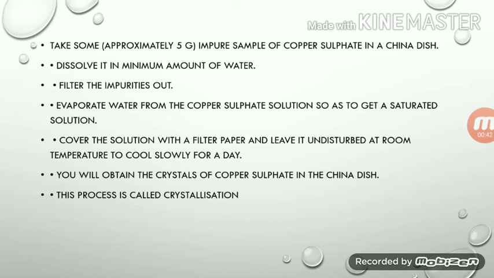Next, cover the solution with filter paper and leave it undisturbed at room temperature to cool slowly for a day. Then you will obtain crystals of copper sulfate in the china dish. This process is called crystallization. How we do crystallization is given in this activity.